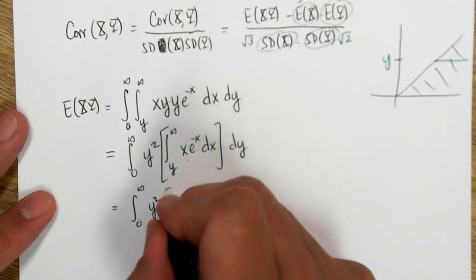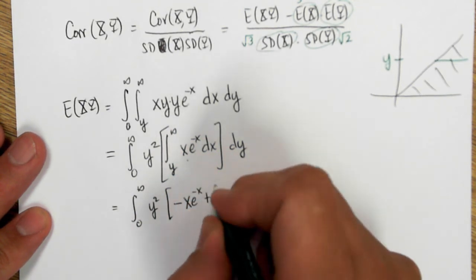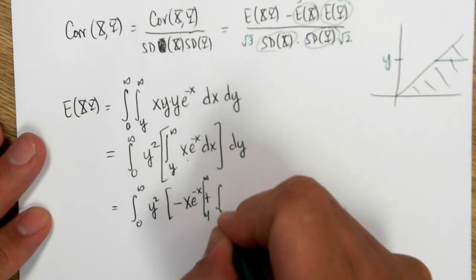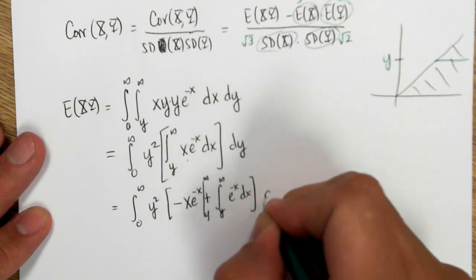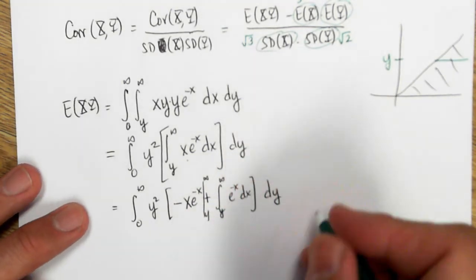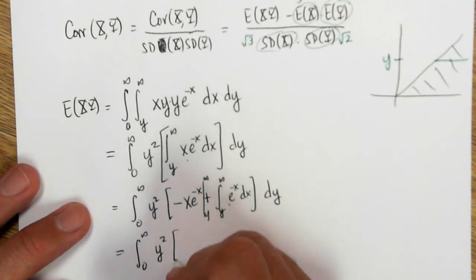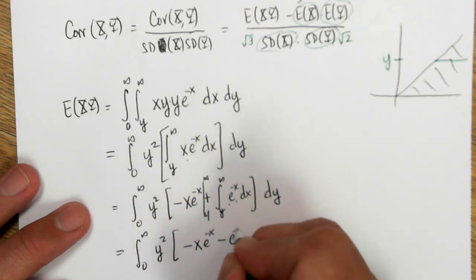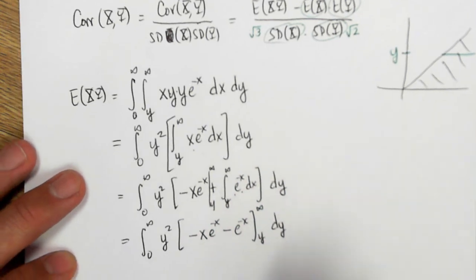Alright, antiderivative of this by parts, we get negative x e to the minus x from infinity to y, plus the integral from y to infinity of e to the minus x dx, dy. Then integrating the second part here, we get y squared, then negative x e to the minus x, and the antiderivative of this is minus e to the minus x, and I evaluate from infinity to y, dy.